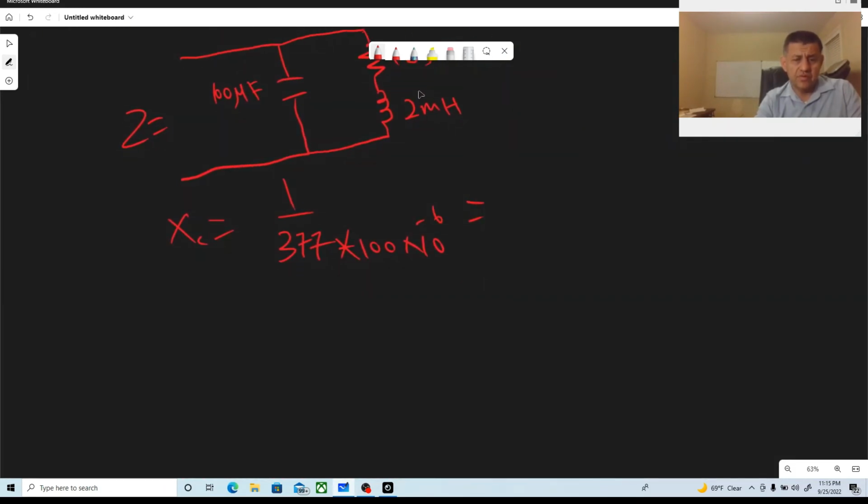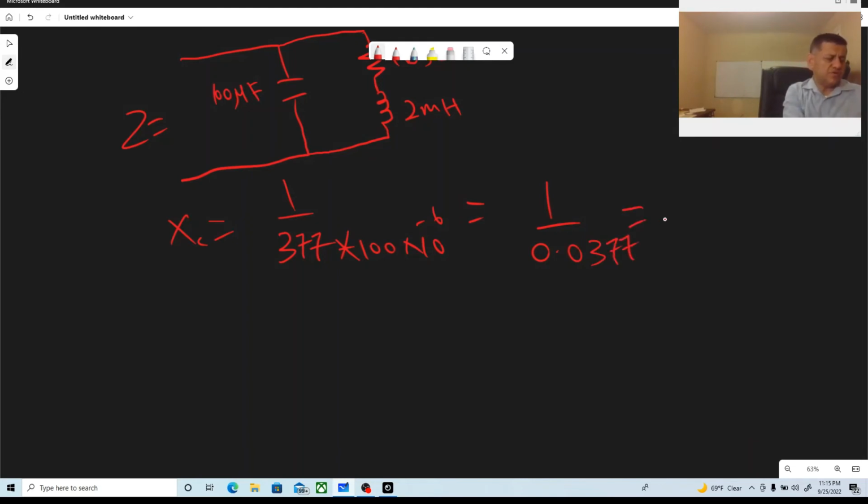So here, what we do is 377 times 100 times 10 to the minus 6, and that is equal to 1 over 0.0377, which is equal to 26.5.